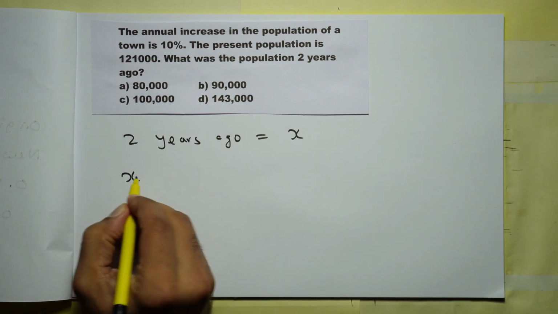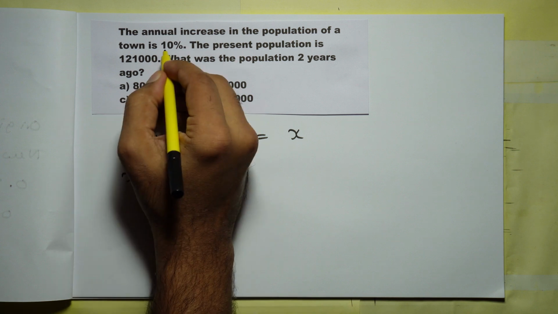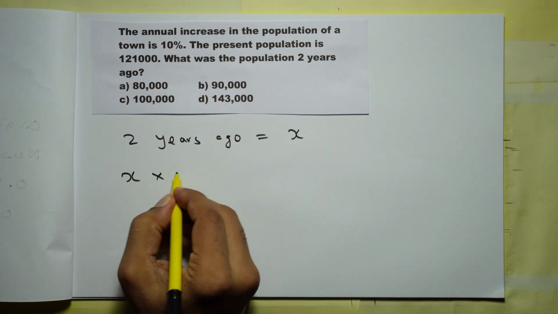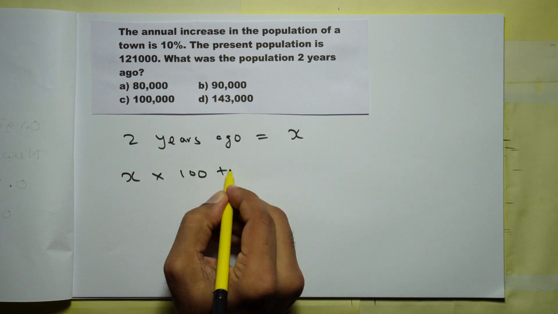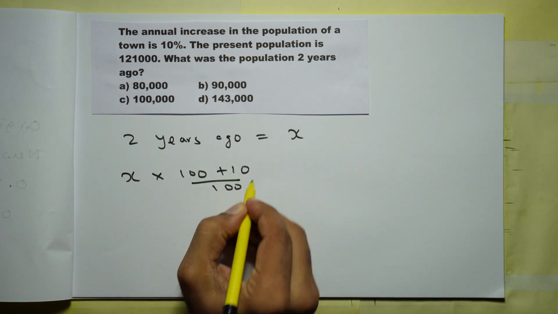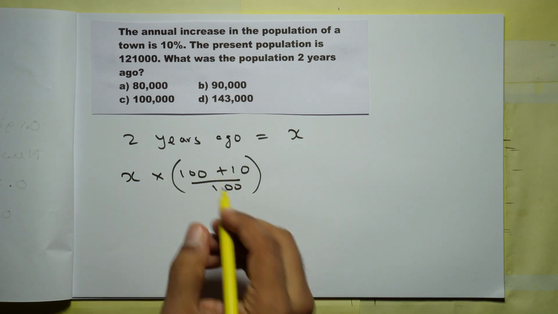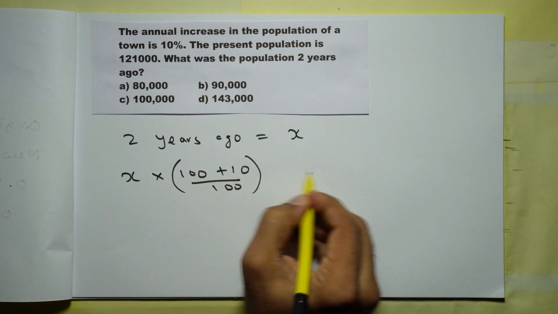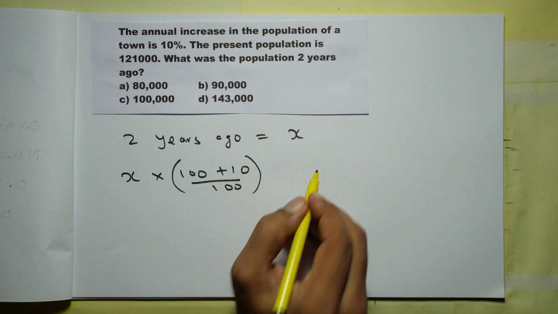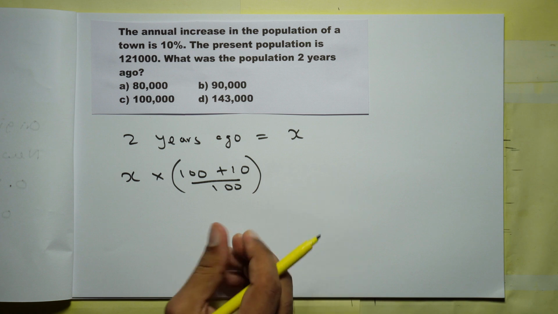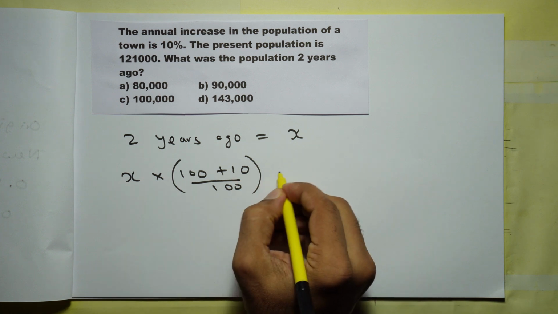Now during the next year, during the first year, it will increase by 10%. So after 1 year the population will be X into 100 plus 10 by 100. That is, you have increased this value by 10%. And during the second year again it will increase by 10% because every year it will increase by 10%.